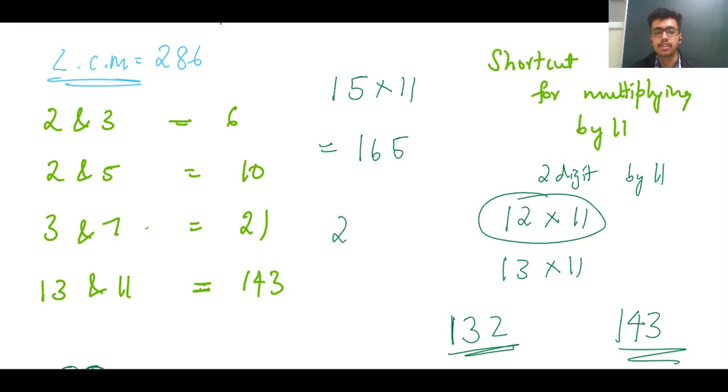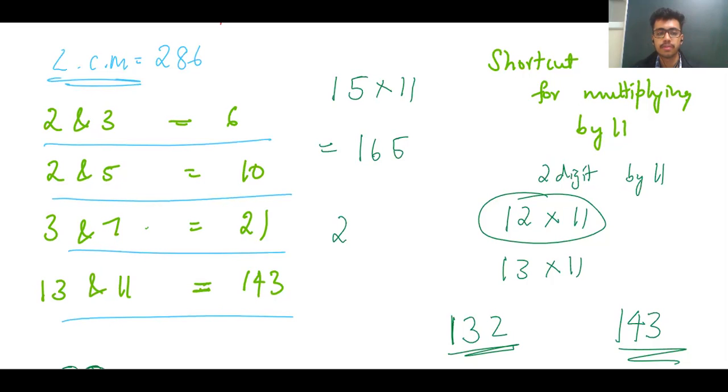The LCM of prime numbers. LCM of 2 and 3 is 6. What else of 2 and 3 is 6? 2 multiplied by 3 is 6, right? Yes, sir. Similarly, 2 multiplied by 5 is 10. 3 multiplied by 7 is 21.